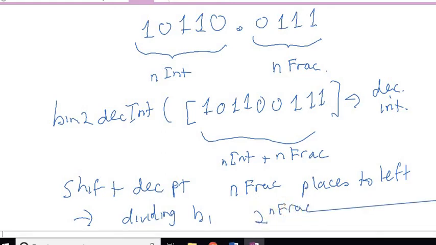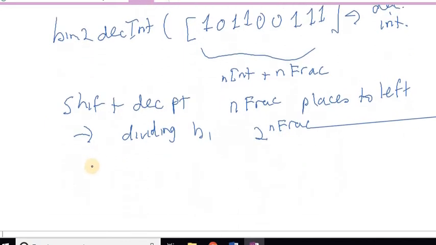Okay. So I can summarize my algorithm as follows. Summarize.